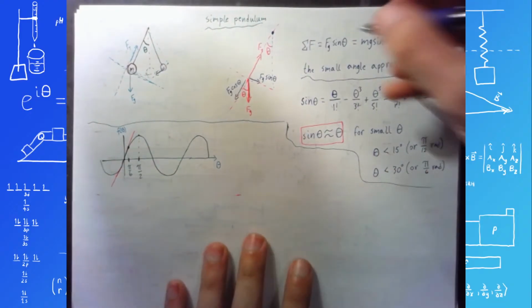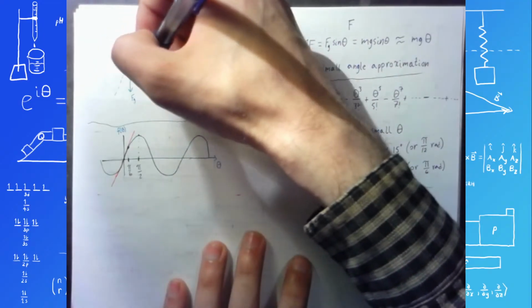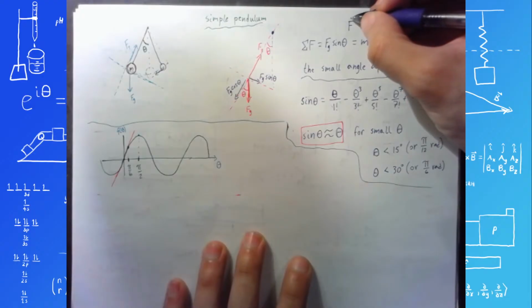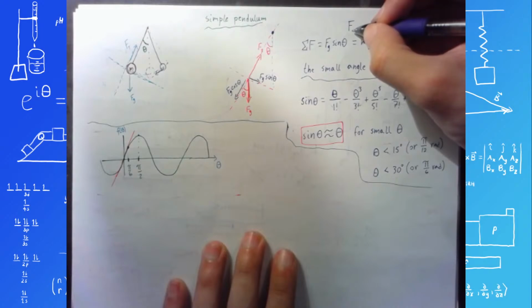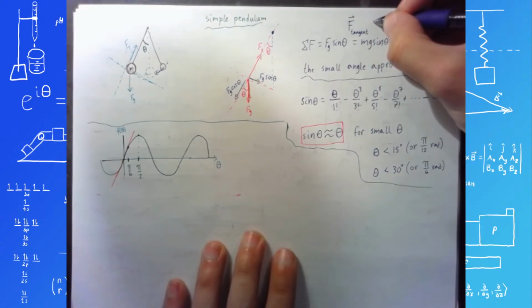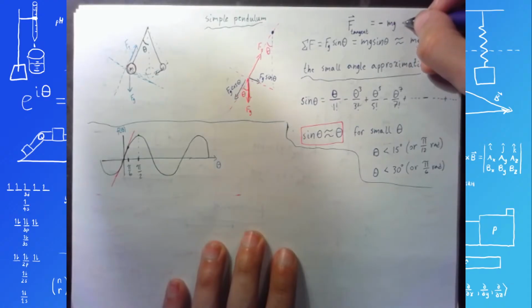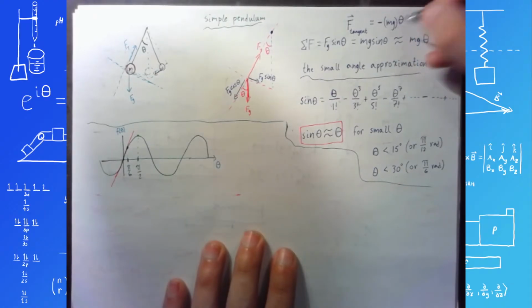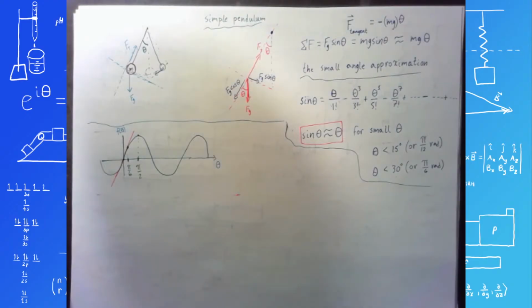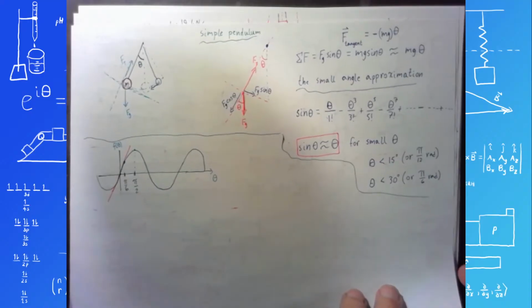And to make this extra formal, we would say the restoring force, that component of the gravitational force that's tangent to the path, I'll call it F tangent, is going to be negative mg theta, where the mg basically plays the role of the k in the spring version of the equation.